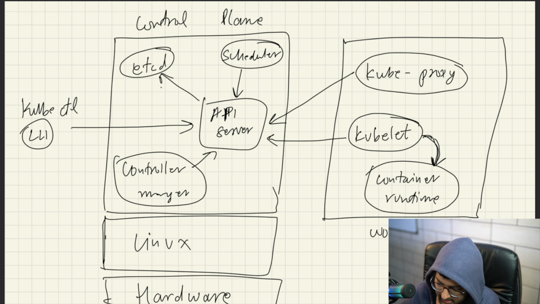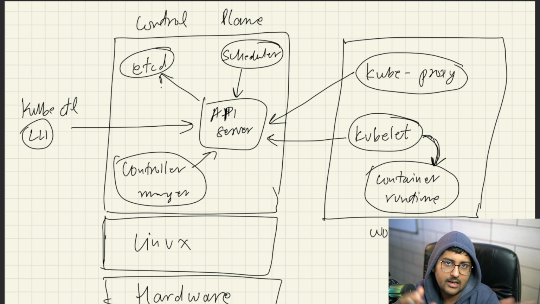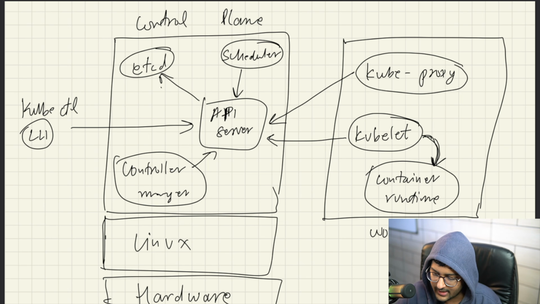Via the kubectl CLI, I'll say, hey, create some pods or whatever. Kubelet is always listening to the API server, and it will say, okay, you are requesting something, I'll allocate those on my own node. That is its only role.